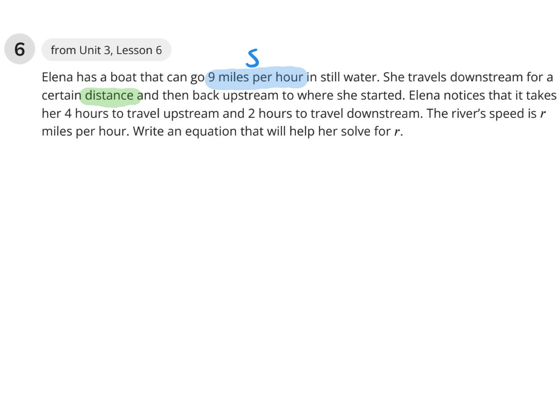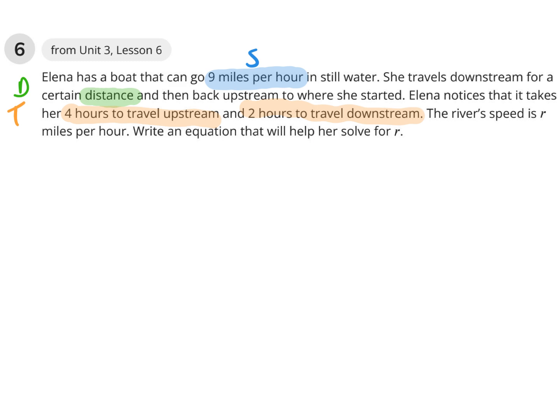And next, Elena notices it takes 4 hours upstream and 2 hours downstream. So this is a time. So what we have in this problem is the same speed, the same distance in 2 different times.